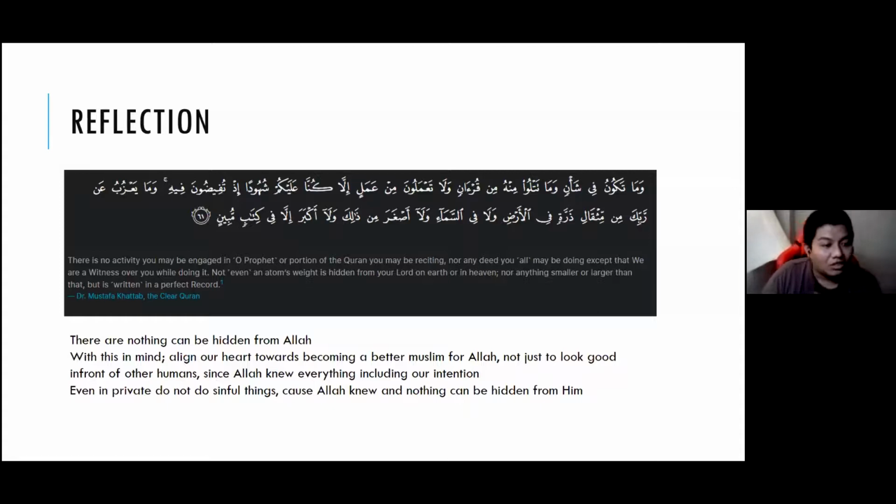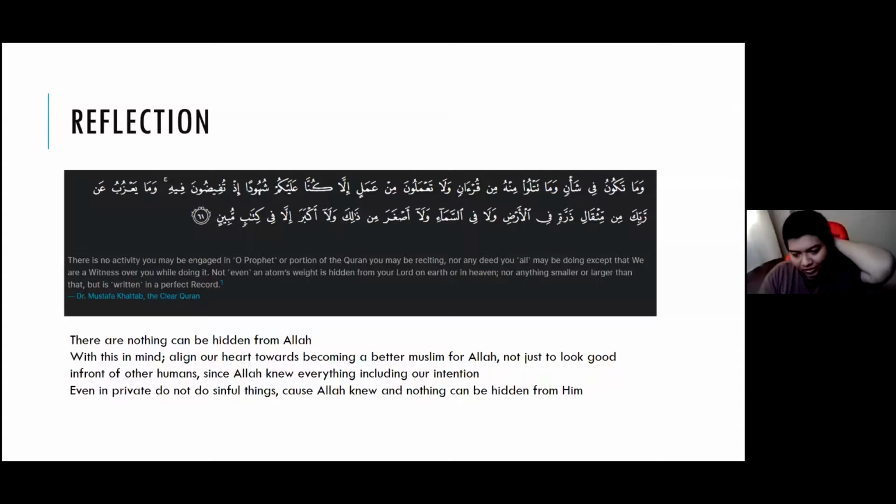There is no activity you may be engaged in, O Prophet, or portion of the Quran you may be reciting, nor anything you all may be doing, except that We are a witness over you while doing it. Not even an atom's weight is hidden from your Lord on earth or in heaven, nor anything smaller or larger than that, but is written in a perfect record.